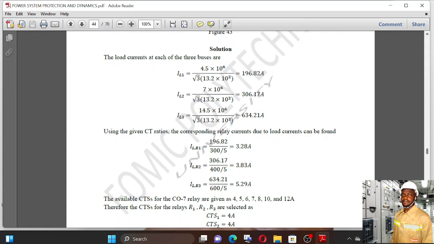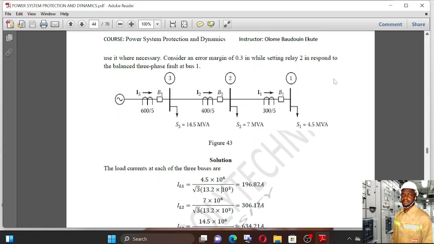Okay, but now the other procedures to have the clock settings are the same. First of all, determine the current in the line, which is the apparent power divided by root 3 times voltage, which gives you this. For the current flowing through various buses, since we have bus 1, bus 2, bus 3, so I1 flowing through line 1, you can calculate it since you know the powers at the different buses.